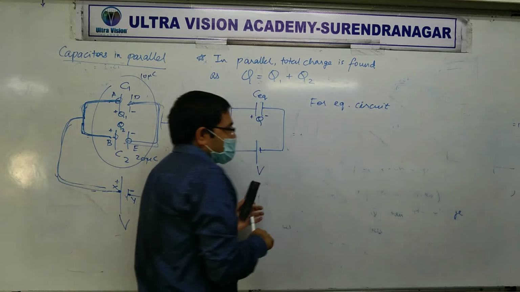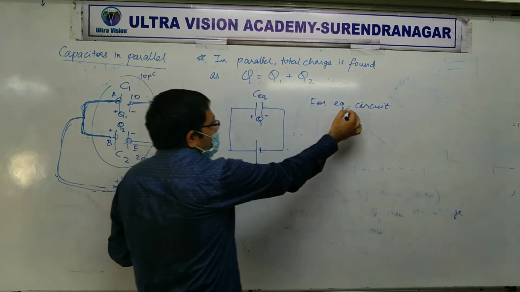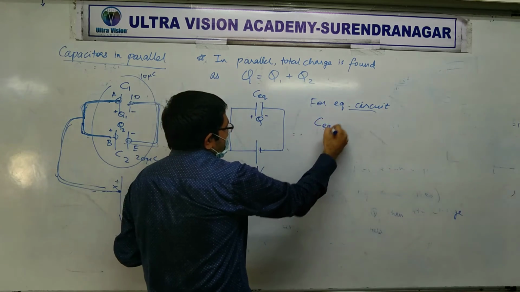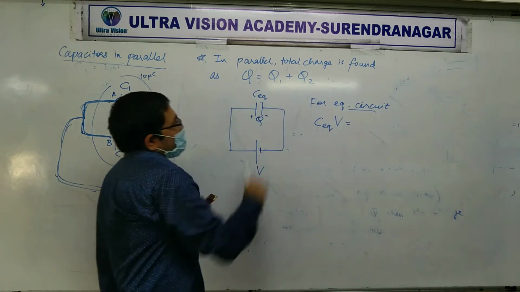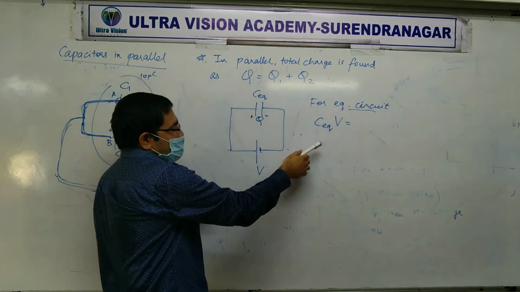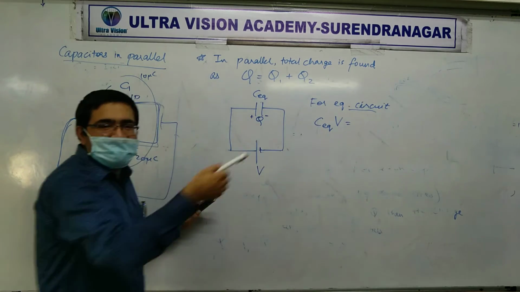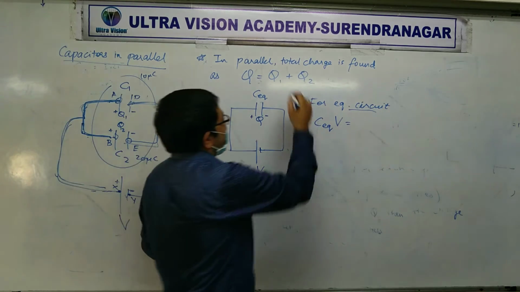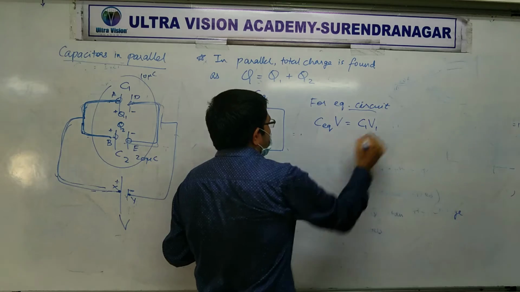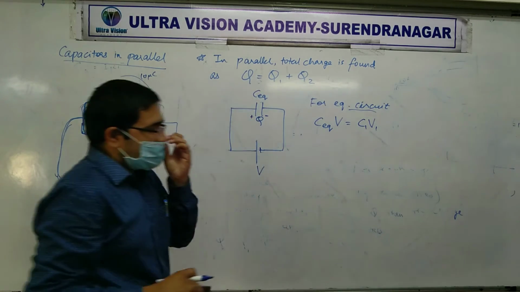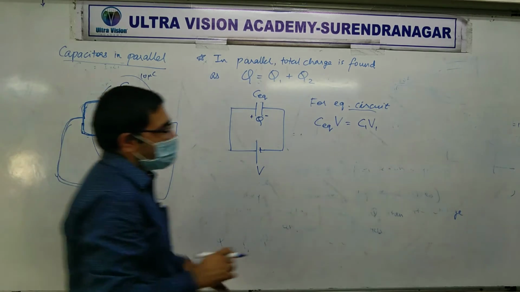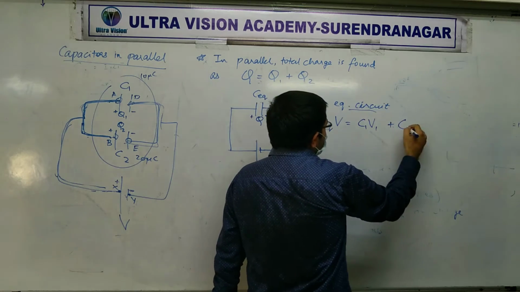So here, we can write for the equivalent circuit. Here for this we have Q is equal to C equivalent into V. Left side clear? Right side Q1 is C1 V1, plus Q2 is C2 V2. So Q equal to C1 V1 plus C2 V2.